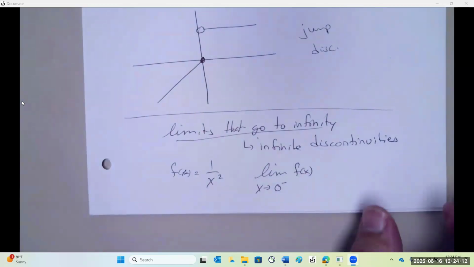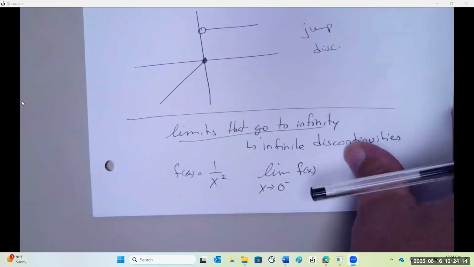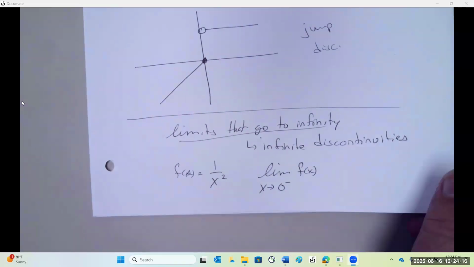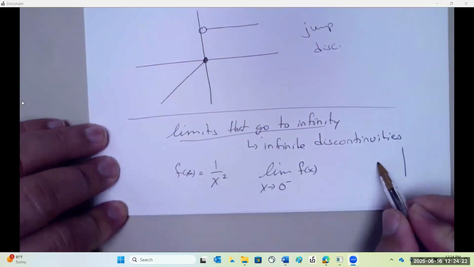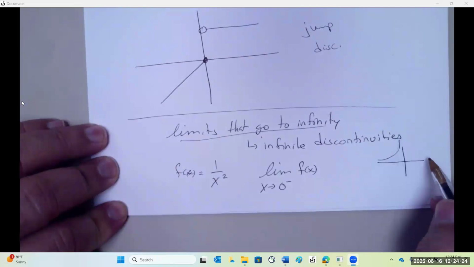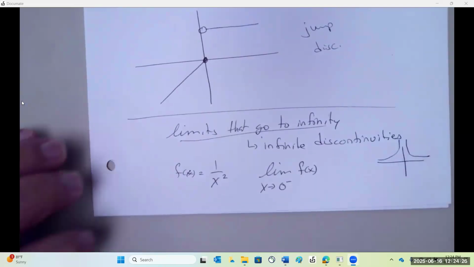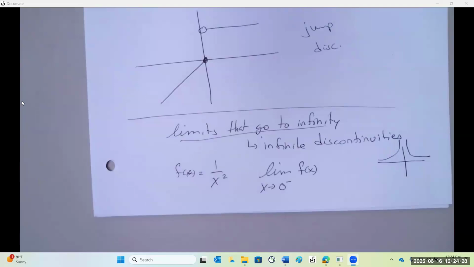Again, we have to know what the graph looks like. Or really, we can plug in points to see what happens as we get closer to 0. This graph is the Atari symbol. Because it's squared, it can't be negative.